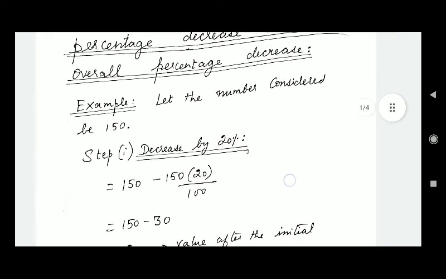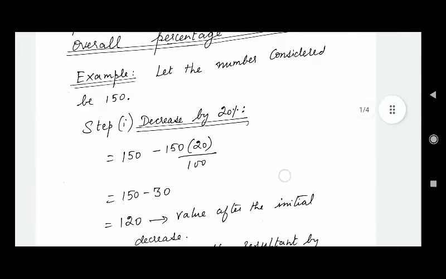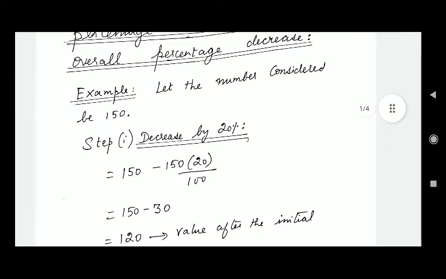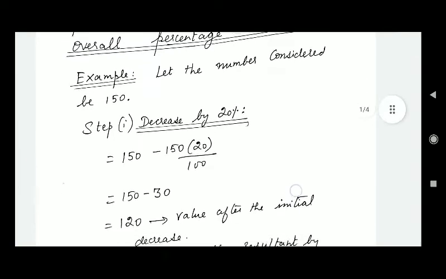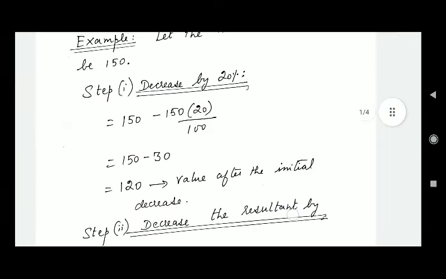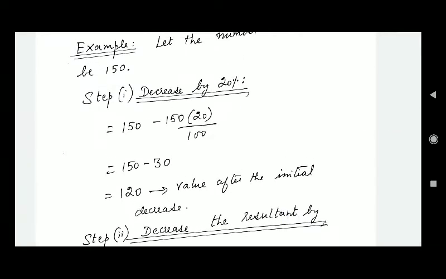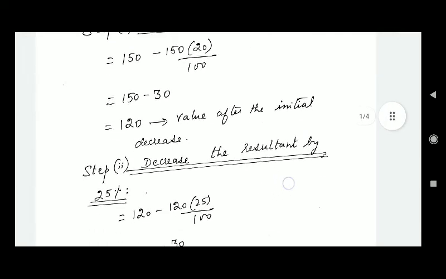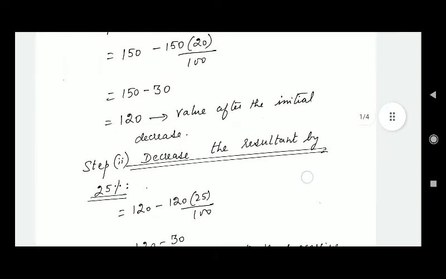Now, step 1. If we decrease 150 by 20%, the value that we will get will be 150 minus 20 by 100 times 150, that is 120. So this is the first revised value after an initial drop of 20% from 150. Step 2. Let us further decrease this value by 25%.